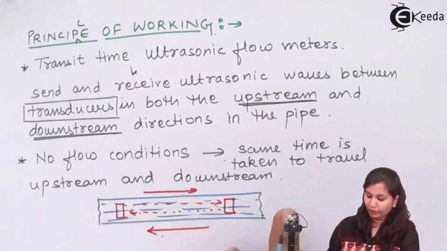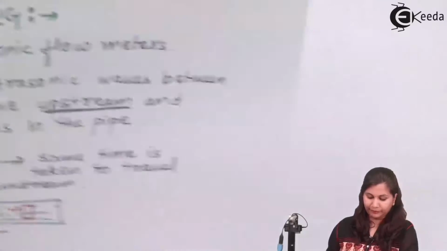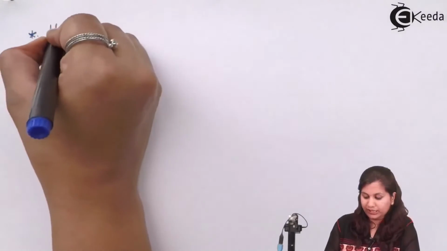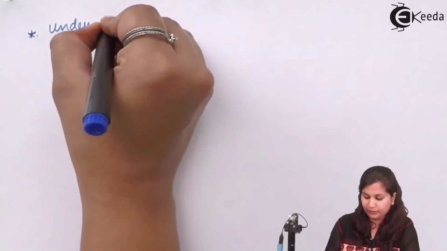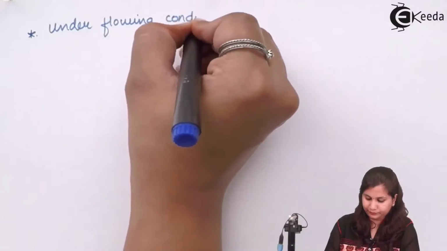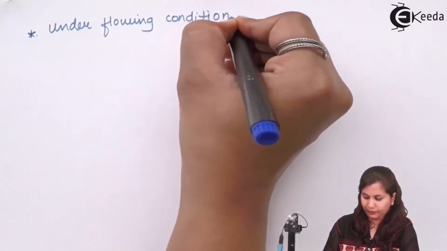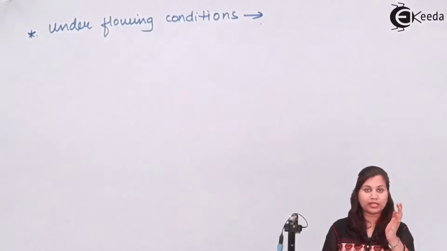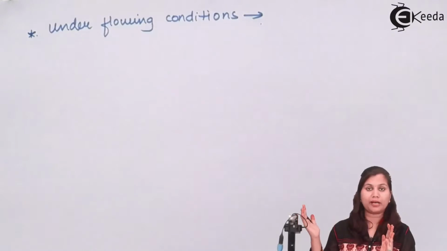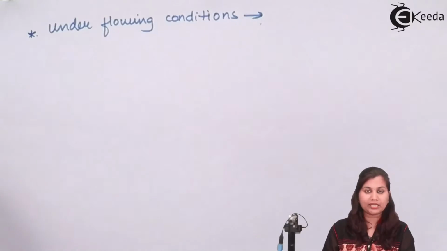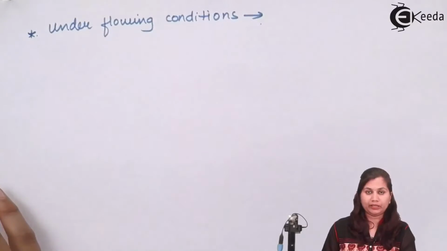But when the fluid is flowing, so we can say under flowing conditions, the time taken by the ultrasonic waves to be sent by transducer 1 and received by transducer 2, that is in the upstream condition, less time is taken, while in the downstream condition, more time will be taken.